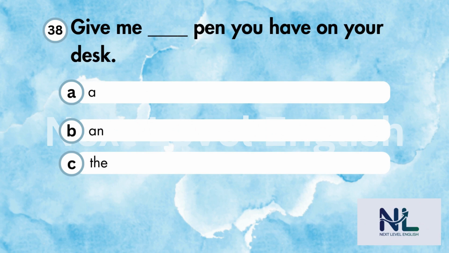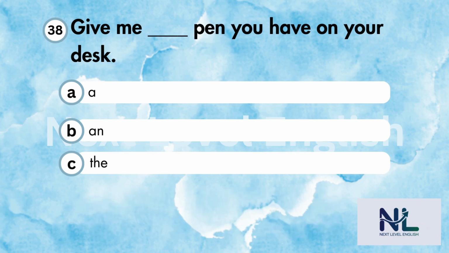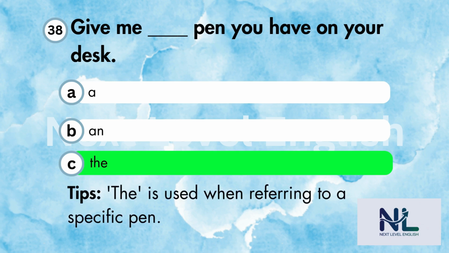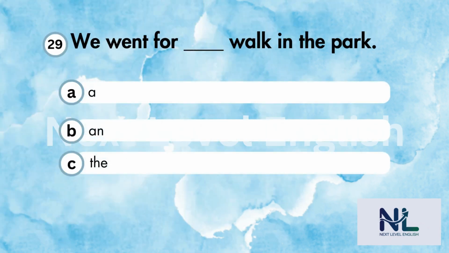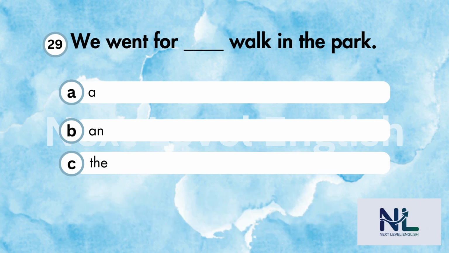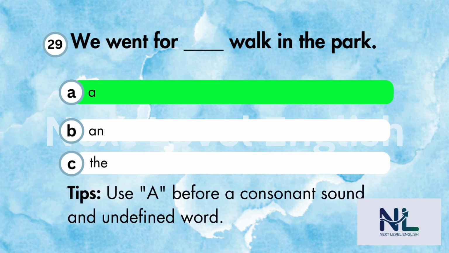Give me the pen you have on your desk. The. Tips: "the" is used when referring to a specific pen. 39. She is wearing a beautiful dress. Tips: you say "a" before an undefined word with a consonant sound.